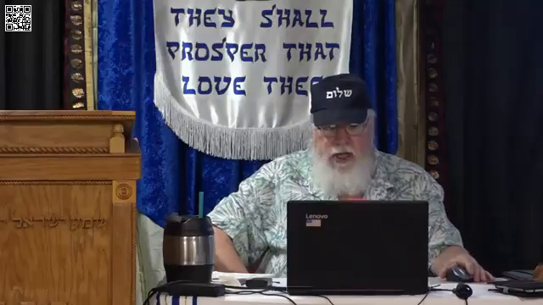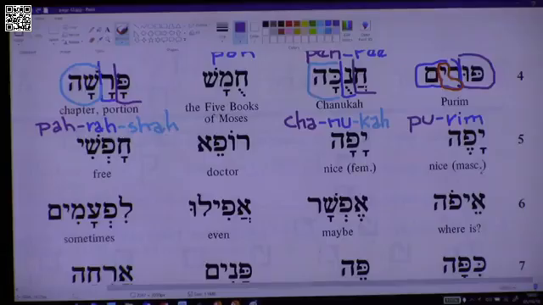Okay, let's go to line 5. It's an adjective, is that right? I'm describing somebody, so that's an adjective. A nice boy, because it's masculine. A nice girl, because it's feminine. And how do I know that? I look it up in the dictionary. Okay, this is pronounced ya.